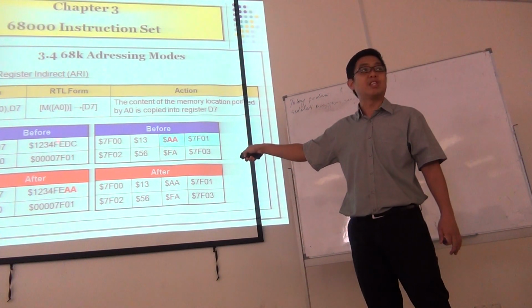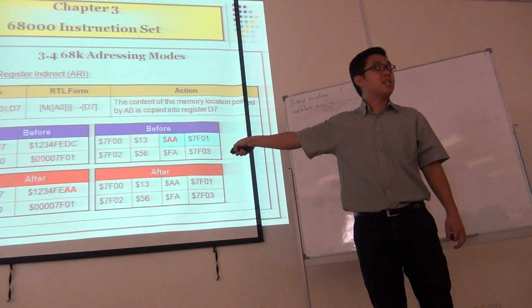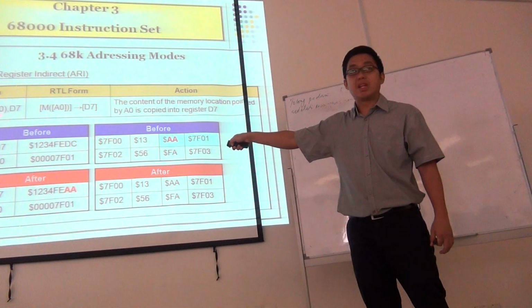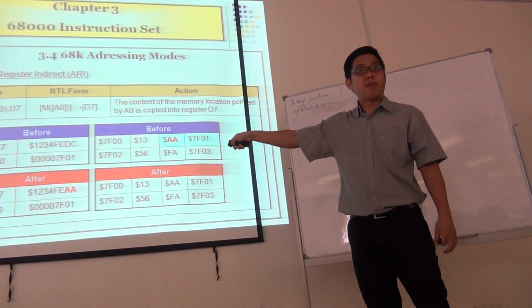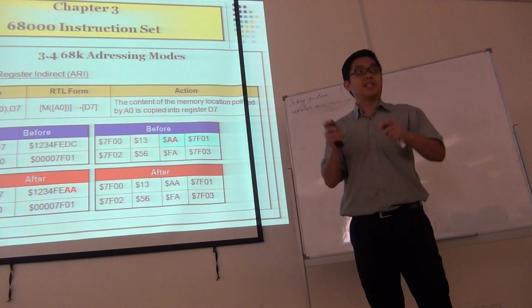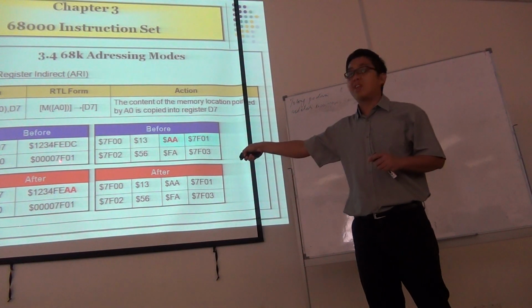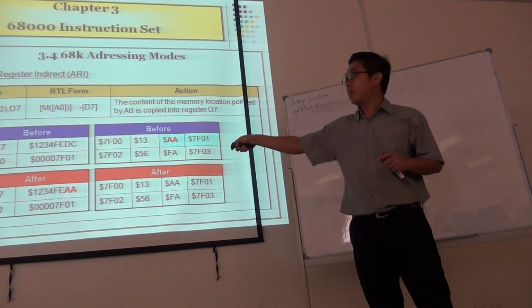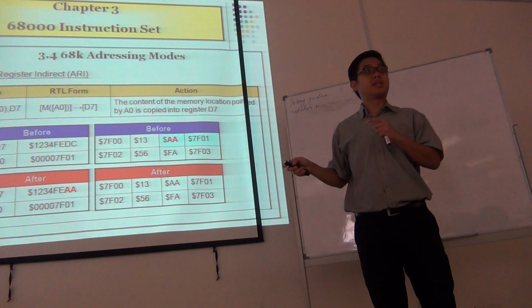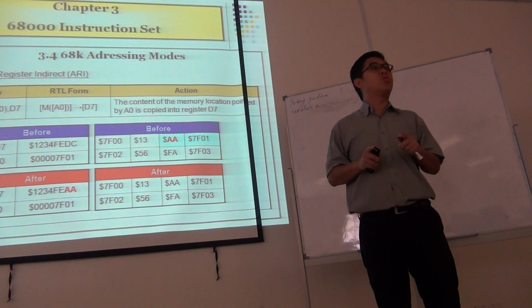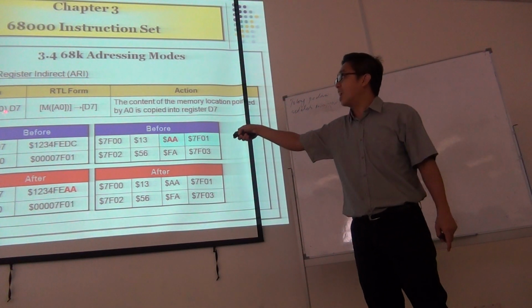So what is the next number? That one is coming from A0 bracket, indirect. It means that A0 is given as 7F01, correct? This is the number, but you are not taking this number. You are taking the value at this particular location address.